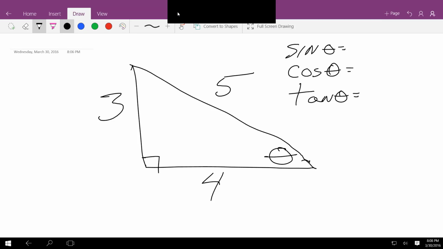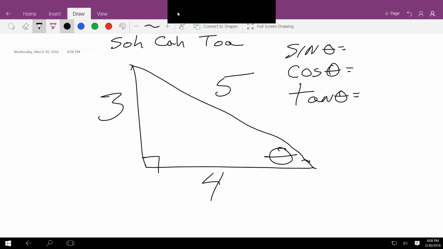The sine of theta, you know SOHCAHTOA, right? Yep. SOH, CAH, and then TOA. Okay, so use the sine. What's opposite theta?